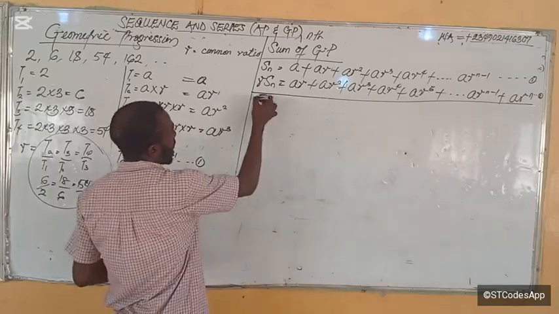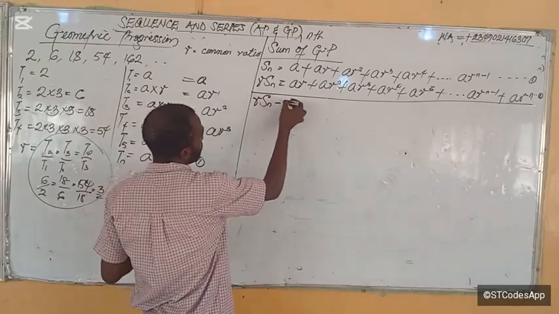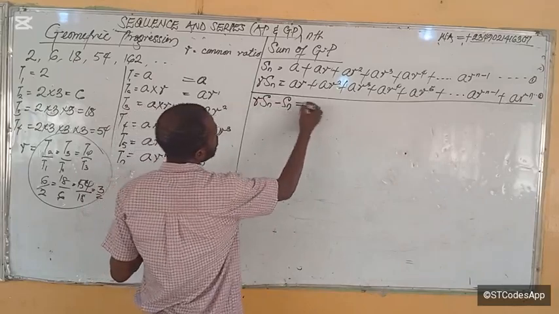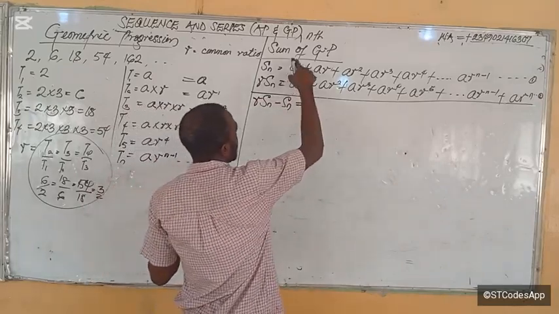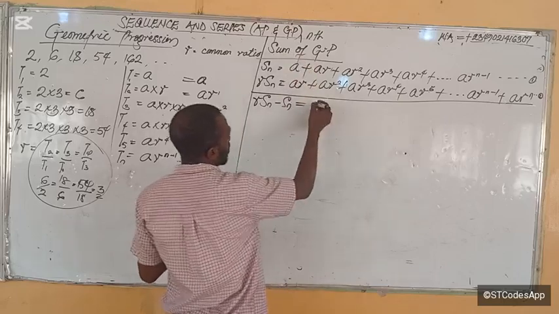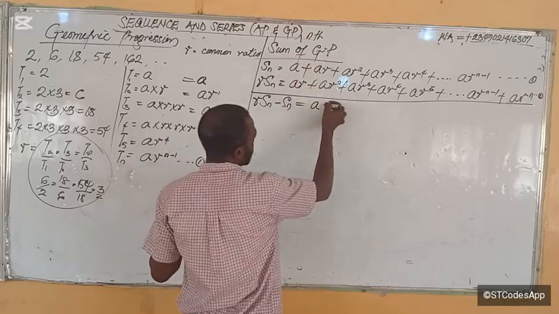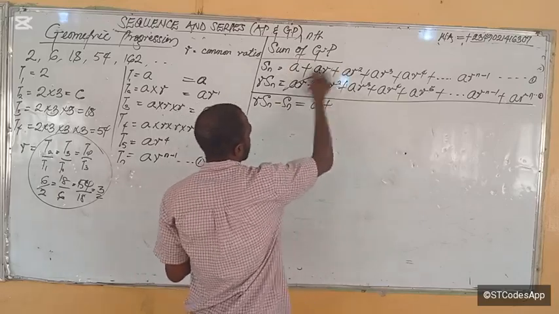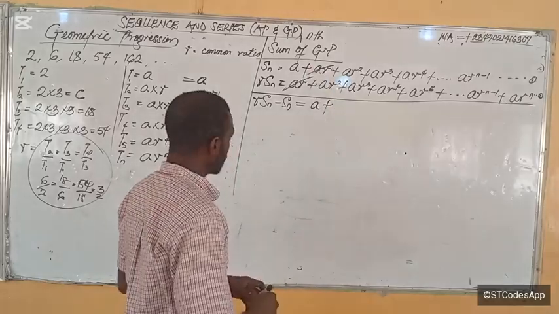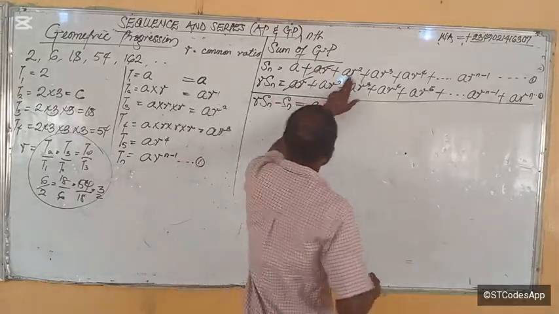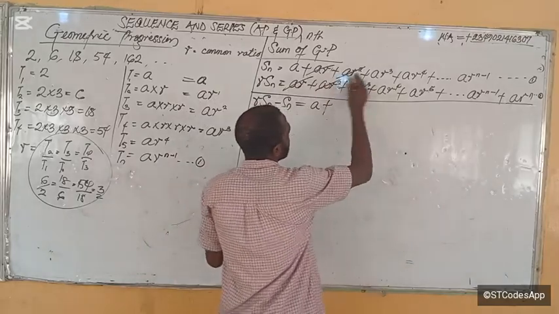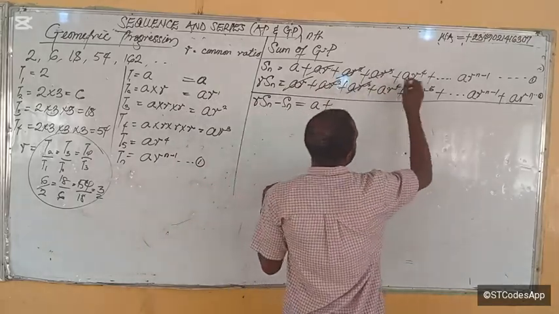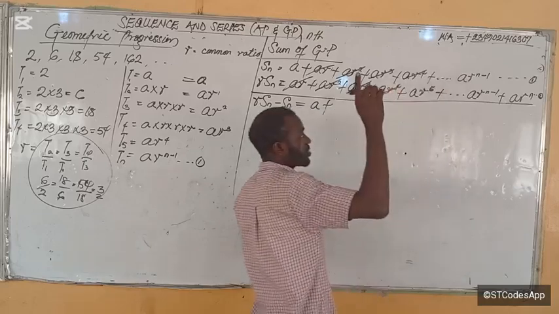So that will become R S sub n minus S sub n, which will give me A minus, there is nothing here, right? So that will be A itself plus, if I subtract this from this, it will give me 0, isn't it? If I subtract this from this, it will give me 0 again. This from this, 0 again. This from this, 0 again, isn't it?